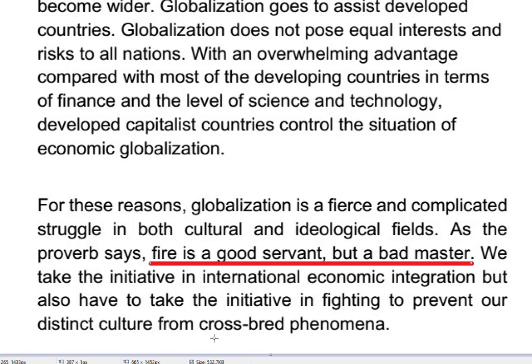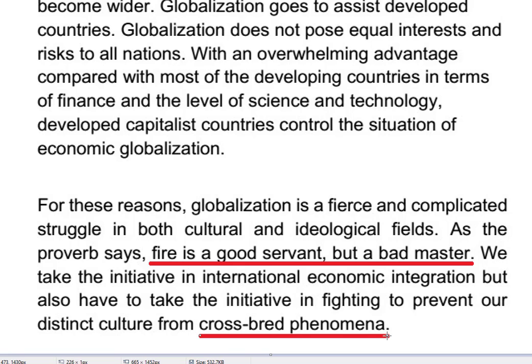Okay, this last phrase I don't understand straight away what the writer is trying to say. But also have to take the initiative. We take the initiative in international economic integration. We take the initiative. I don't know who we is, but okay.